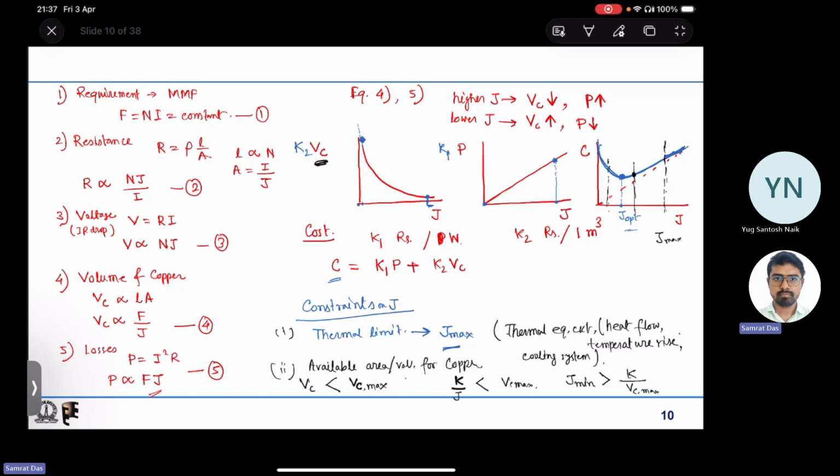So it depends on our particular case. Suppose we have our J minimum here, then we can choose the optimal point that we can find from the optimization, where the cost becomes quite low. Now this is the whole discussion.